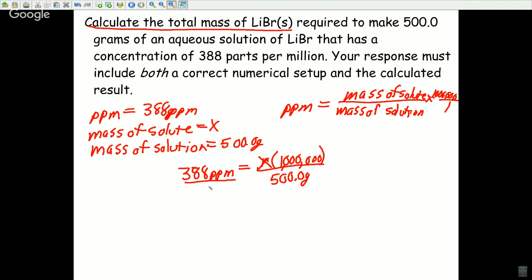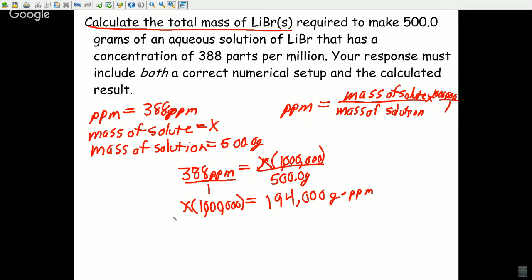And having it set up like this, you can put the 388 parts per million over 1 and then cross multiply. And you get X times a million, and when you multiply 388 times 500, you get 194,000 grams times parts per million.